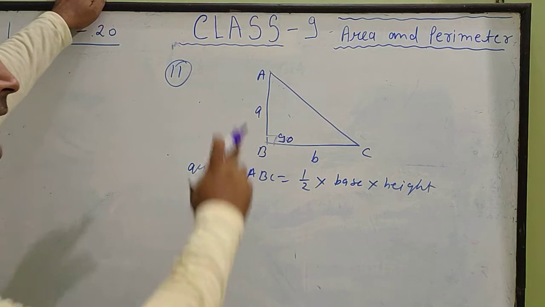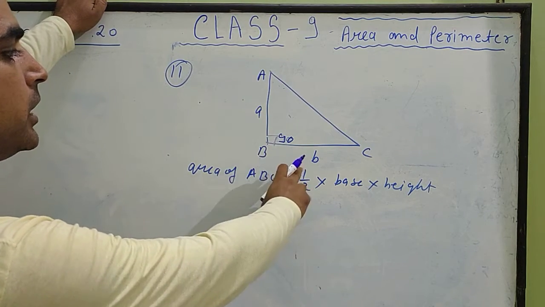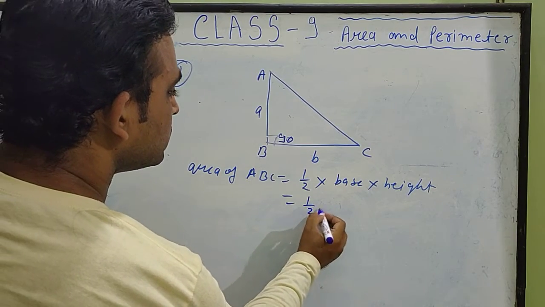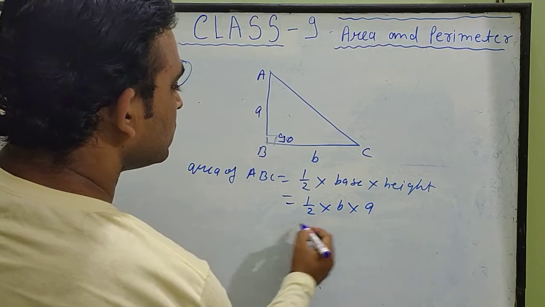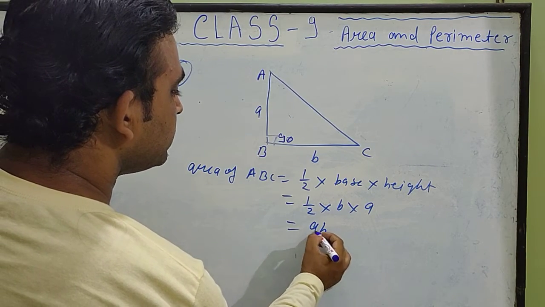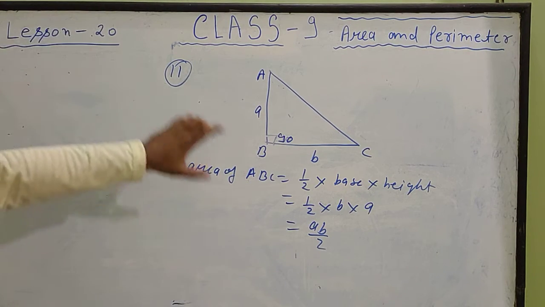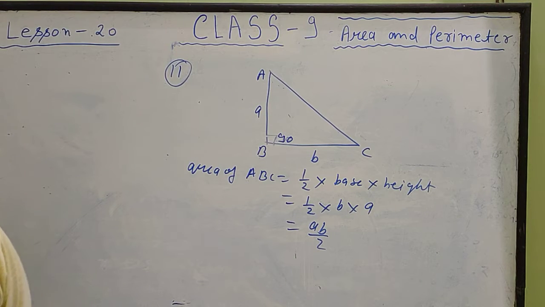When a right angle triangle is given, you have to find the area of triangle ABC by 1 by 2 base into height. So base is b, and height is a. So the area will be ab by 2, means 1 by 2 base into height. So with the help of this formula we can find the area of a right angle triangle. Understand? This is the second formula.